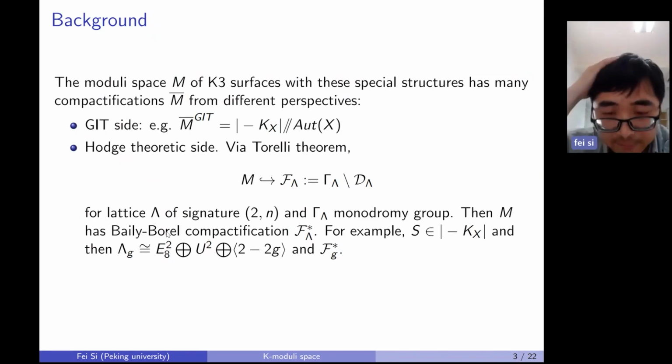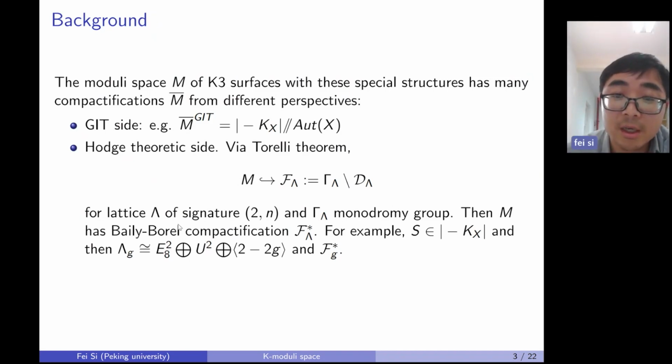They can be compactified using some approach of automorphic forms on this locally symmetric space. So this is why we call it arithmetic. For example, if we consider the polarized K3 surface, then its lattice will look like this. Then you will get this Baily-Borel compactification.